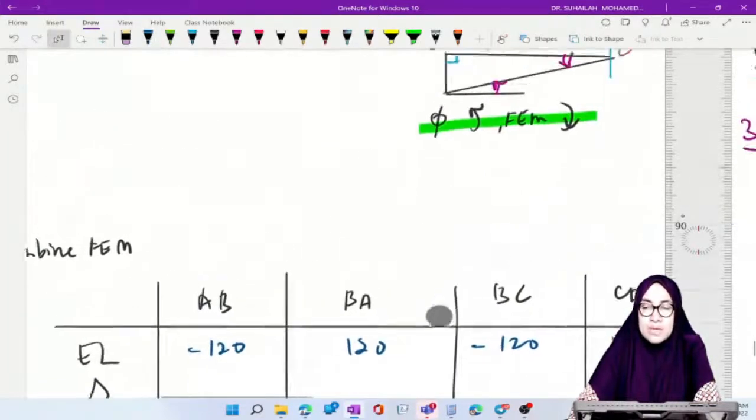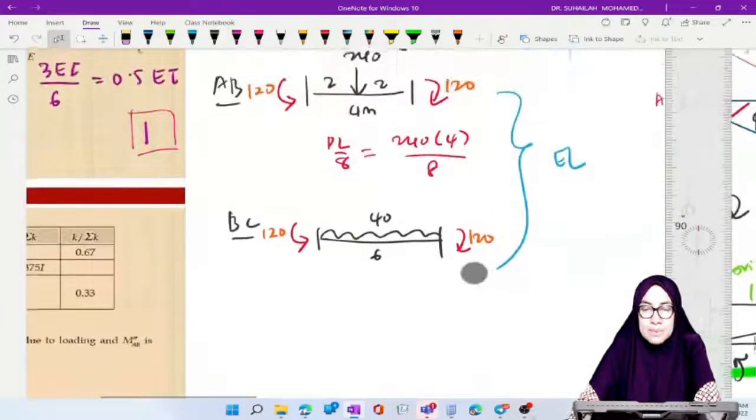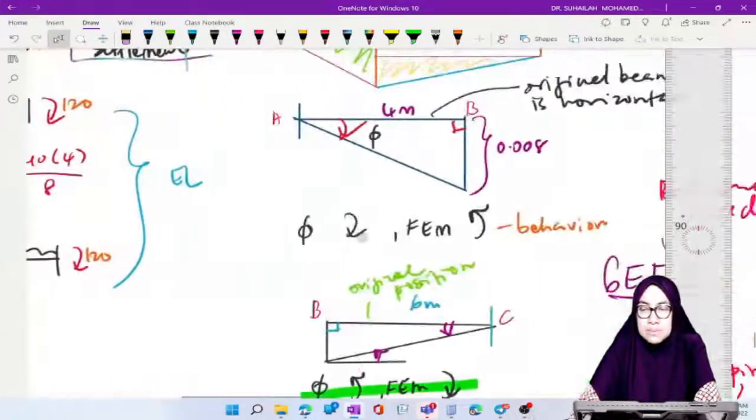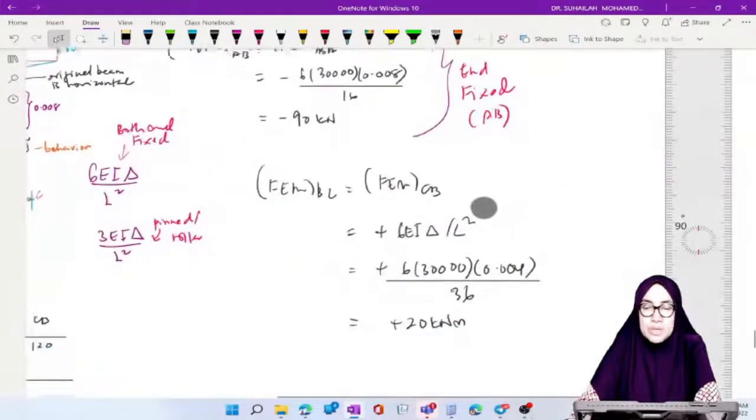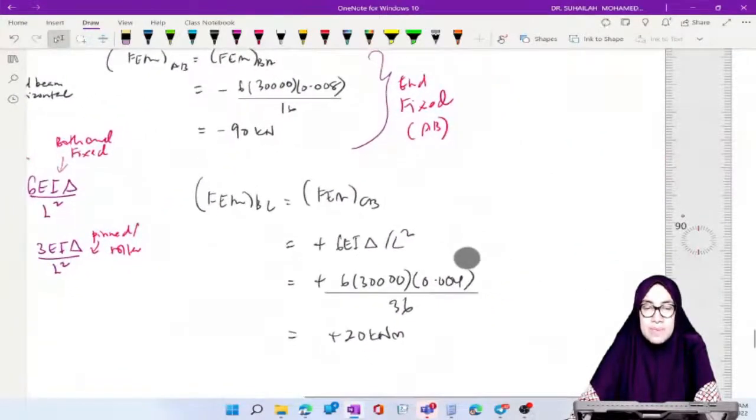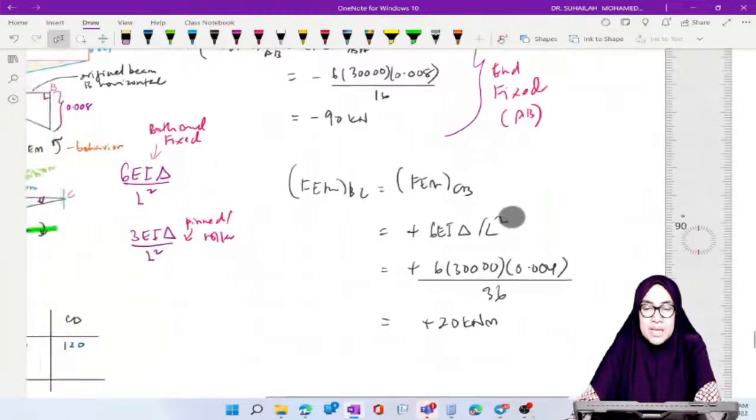And for the delta, we use AB, BA is negative 90.